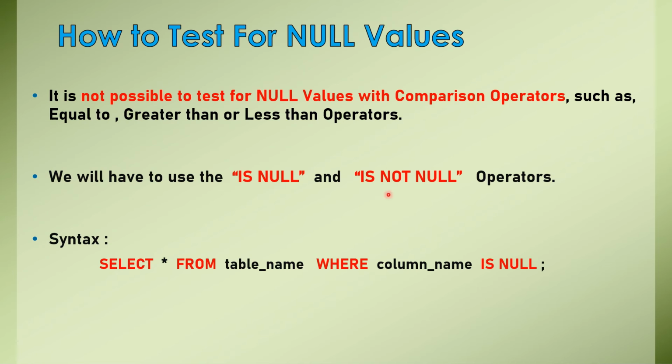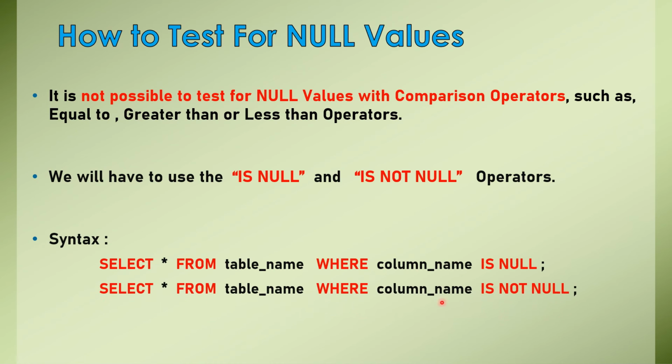In a similar way, for IS NOT NULL you write: select star from table name where column name is not null. If this column is not null, meaning it has some value, then the condition becomes true and that record will be generated in the output. There is nothing more to understand in this. If the column is null, we print that; if the column has some value, we print this, in these two queries.